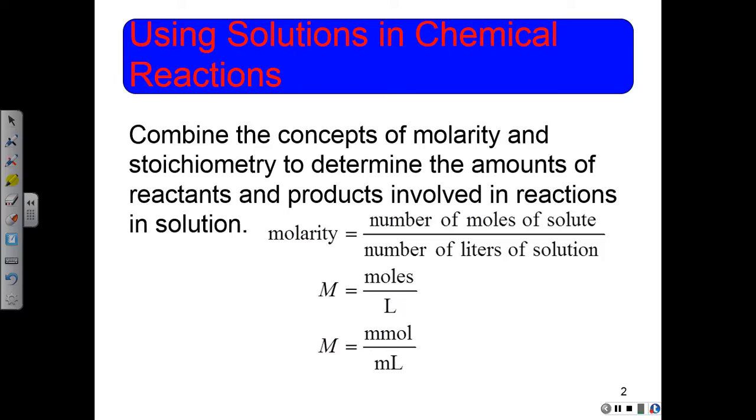If you change it to 0.2, it might not work or work as efficiently. So this becomes a really important factor for chemists, especially when they're trying to come up with new reactions. One of the things they'll do in their methodology is look at the different concentrations and change them and see how it affects the rate of the reaction or how efficient the reaction is. So this is a very important factor.